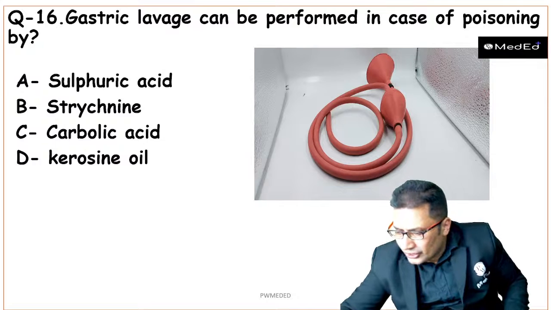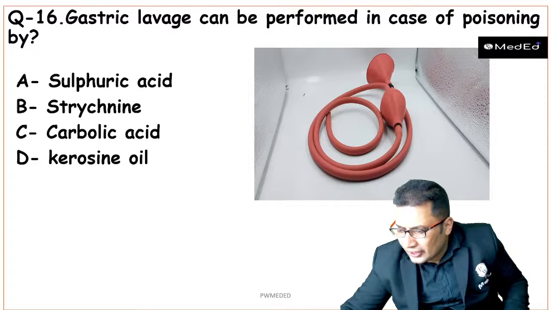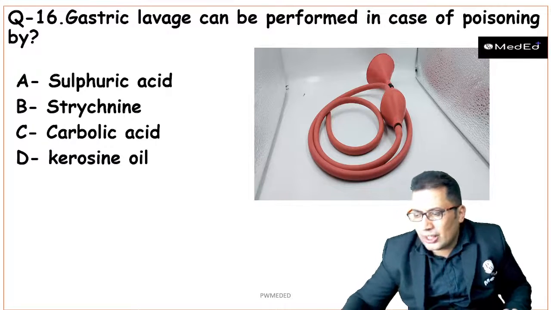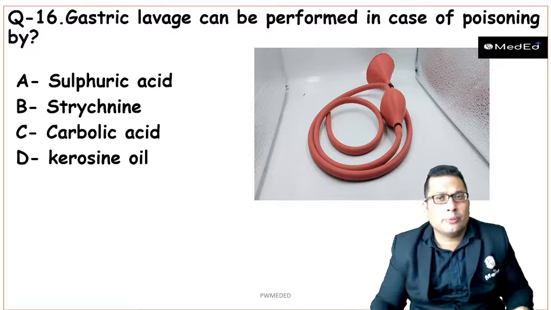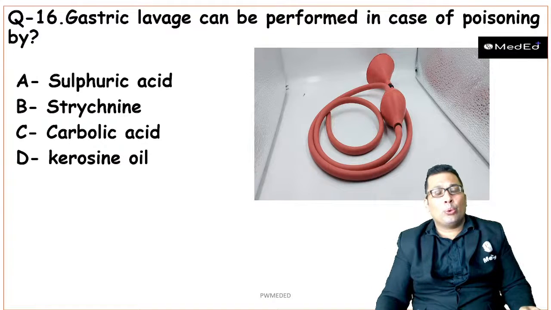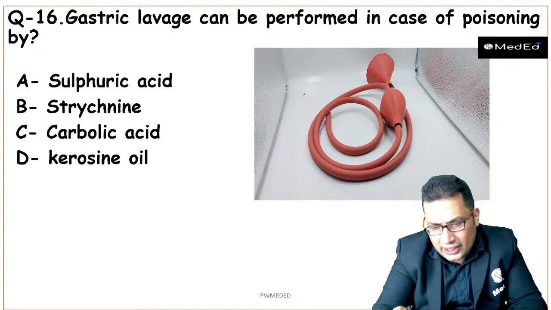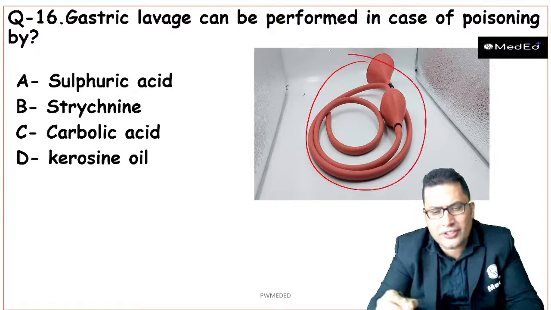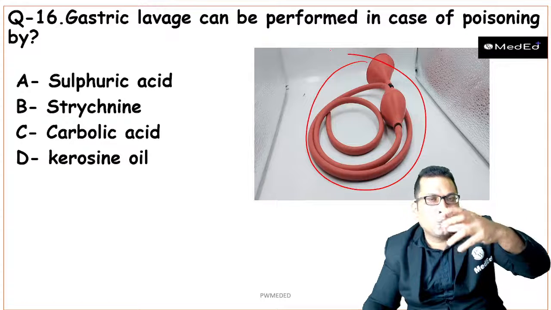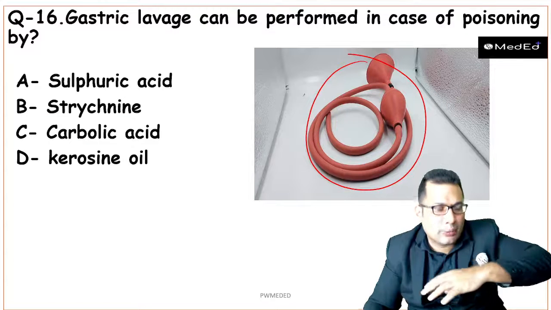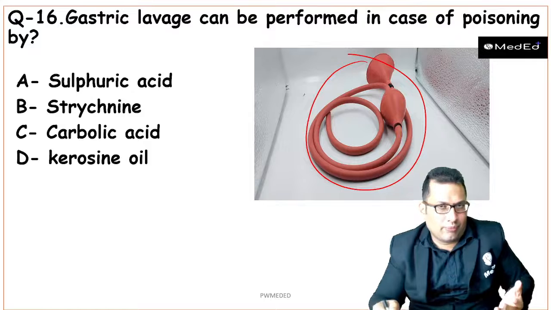In the picture, what you can see here is the gastric lavage tube, known as Ewald's tube or Boas tube, the gastric lavage tube. In gastric lavage, we are passing a tube into the stomach to do the aspiration.